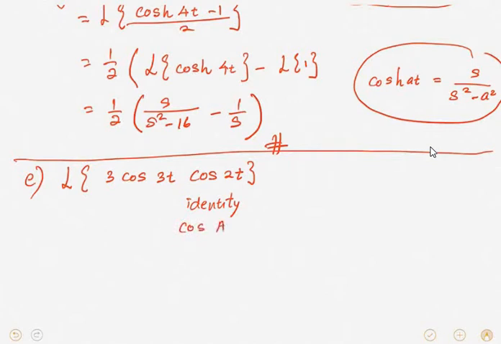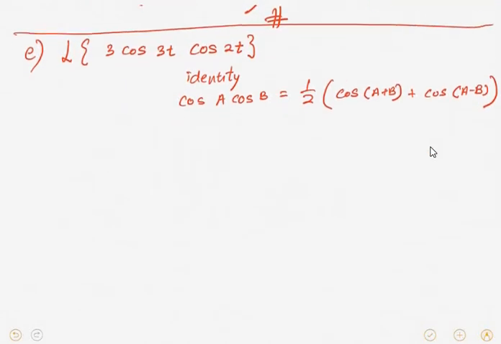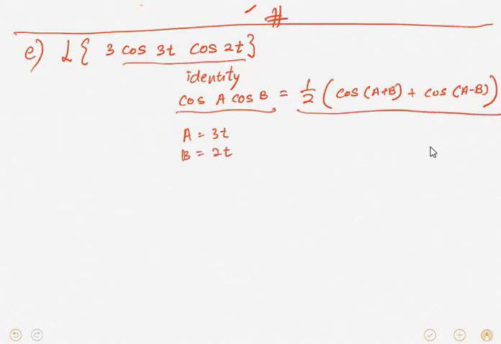Cos A cos B equals half of cos A plus B plus cos A minus B. So for cos 3t cos 2t, A is 3t and B is 2t, so we can substitute in here.